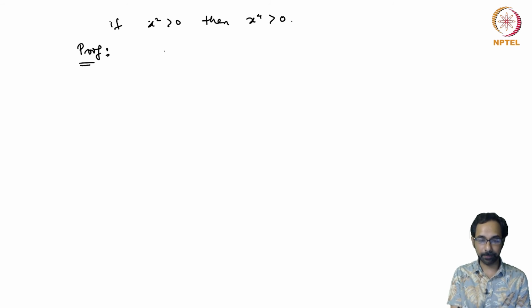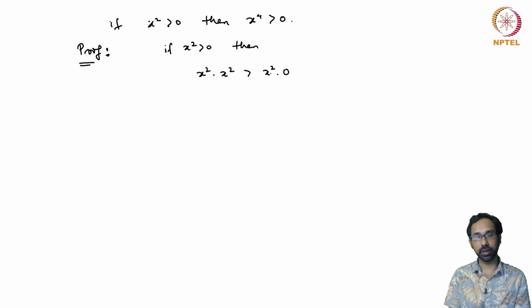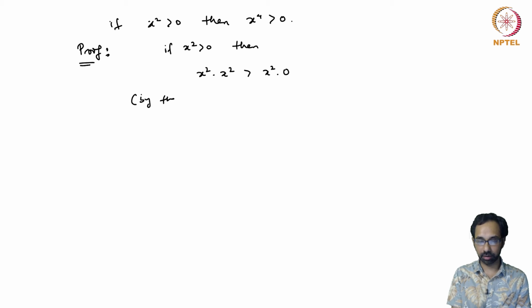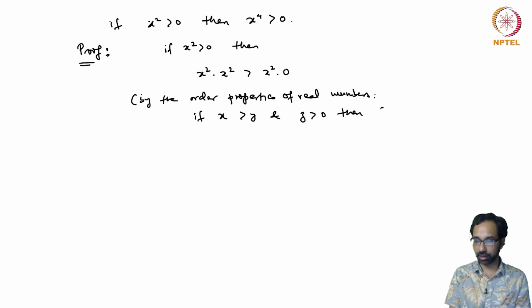We say that if x square is positive, then x square into x square is greater than x square into 0, by the order properties of real numbers, which is that if x is greater than y and z is greater than 0, then x into z is greater than y into z.